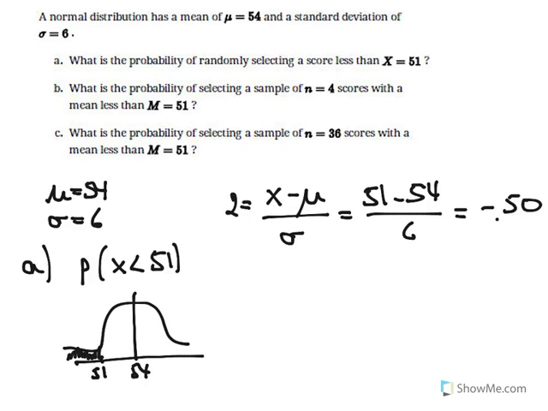And you know it's correct because negative is everything on this side, and we know that positive is everything on this side. Because in terms of z-score, this would be 0, this is the positive sign, and this is the negative sign.